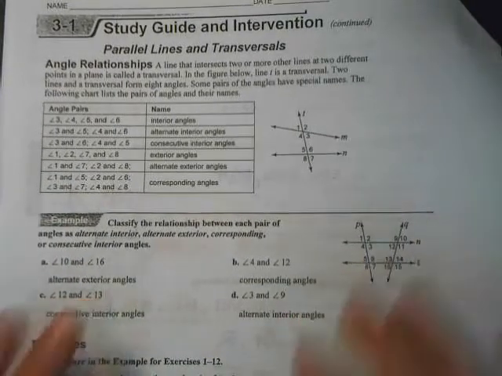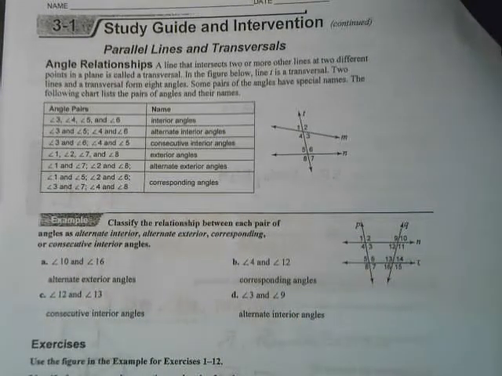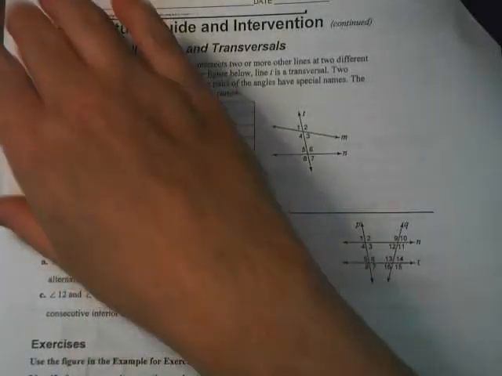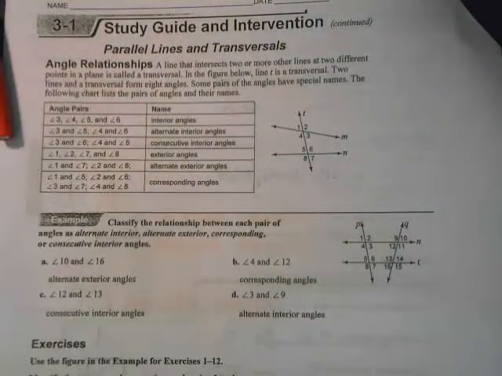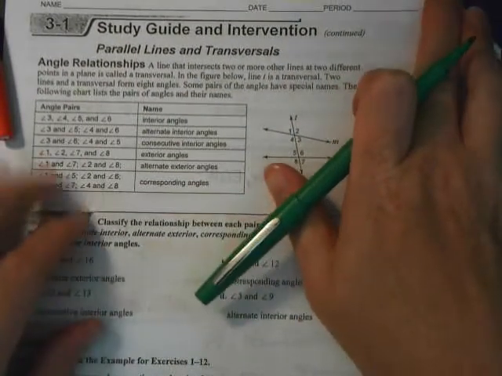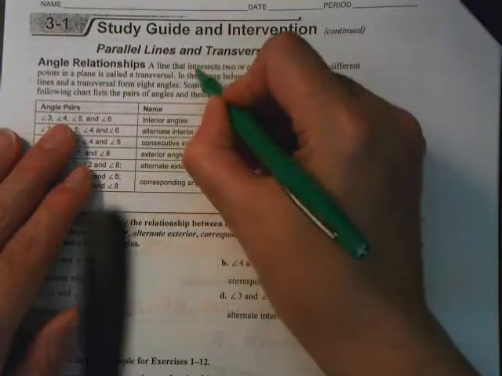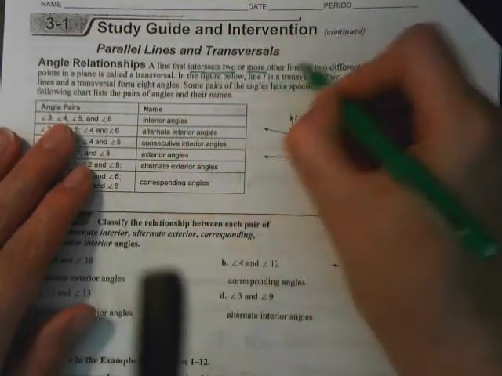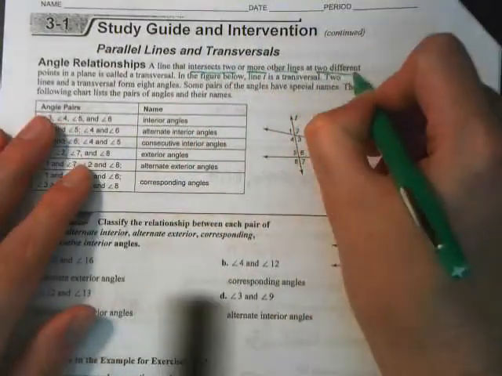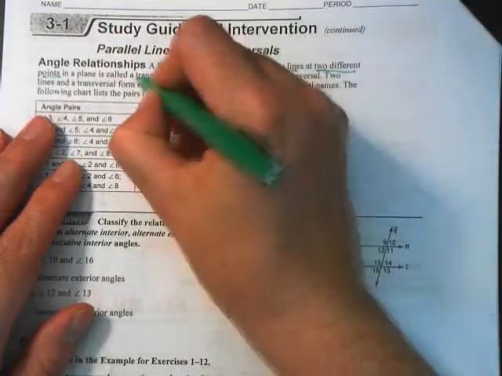Okay. All right. So angle relationships. A line that intersects 2 or more lines at 2 different points in a plane is called a transversal. So a line that intersects 2 or more other lines at different points is a transversal.